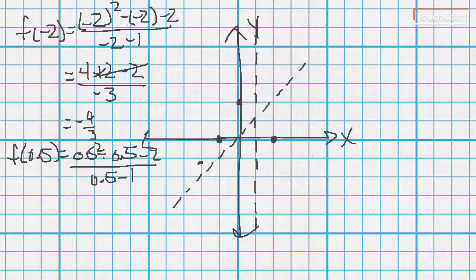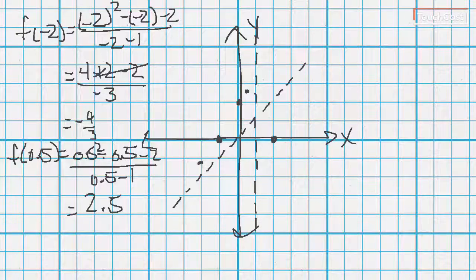And you know what? I would just use a calculator to find this. If you plug all of that into a calculator, you're going to get a value of 2.5. So at 1/2, we're going to go up to about halfway to 3.